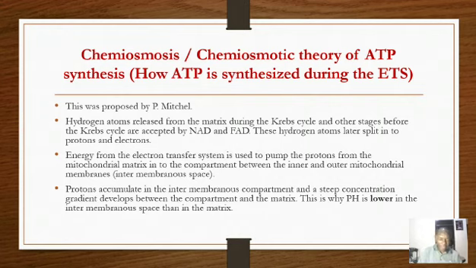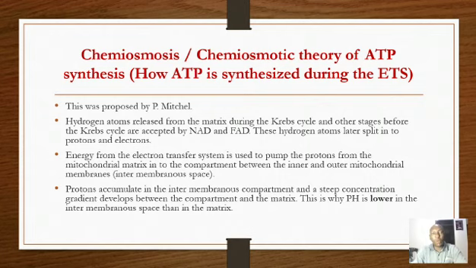So how is that ATP synthesized during the electron transport system? That synthesis of ATP in the electron transport system is what we briefly call chemiosmosis, also called the chemiosmotic theory of ATP synthesis. How does it occur?